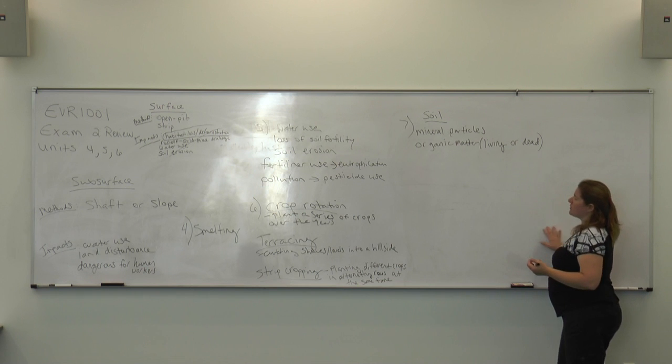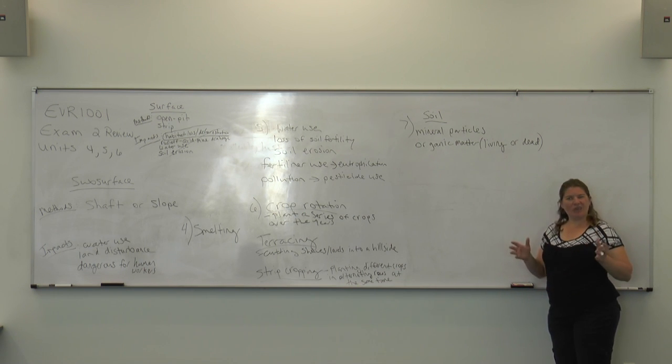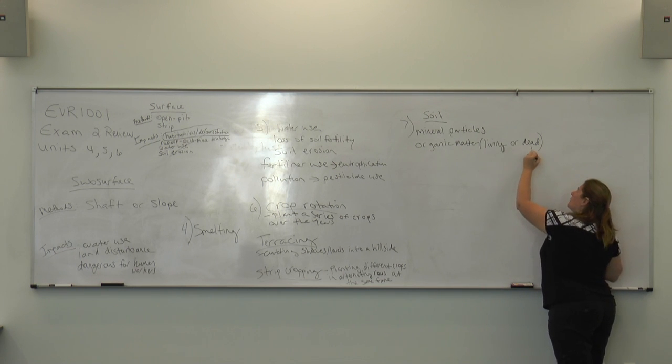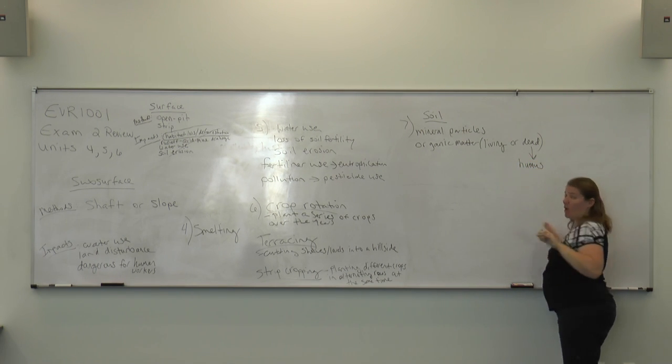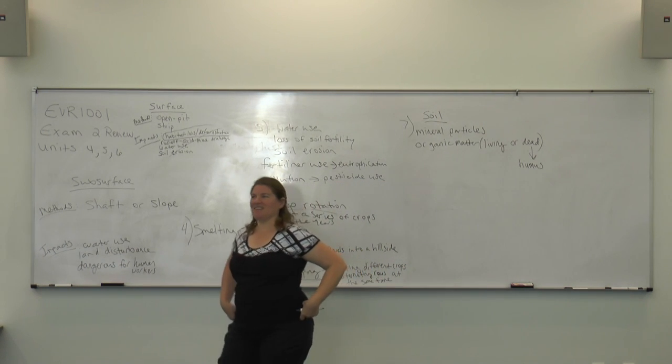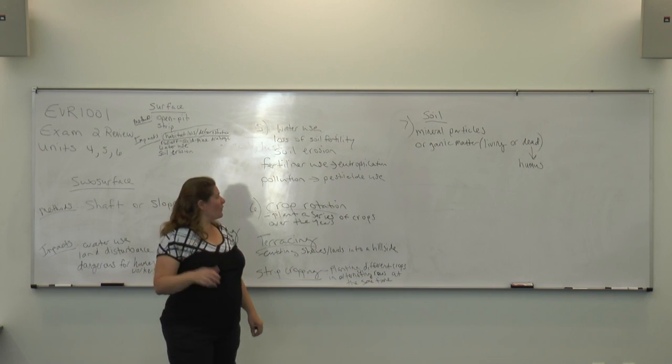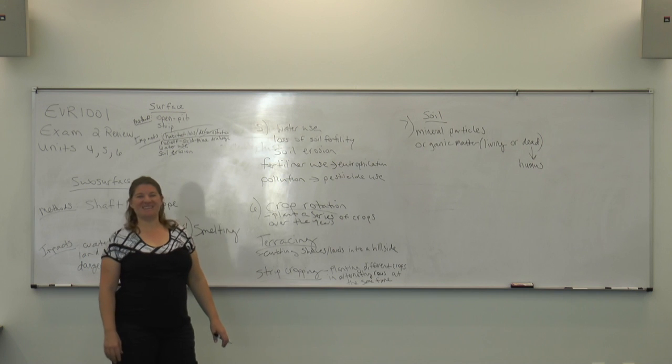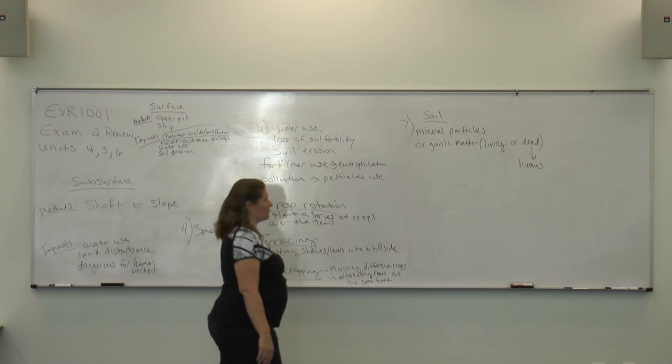Okay? Do you remember what the term for the dead, decomposing organic matter is? It starts with an H. Remember that word? Humus, not hummus, but humus. Okay, humus. That's a sign of good fertile soil. The dead decomposing organic matter.